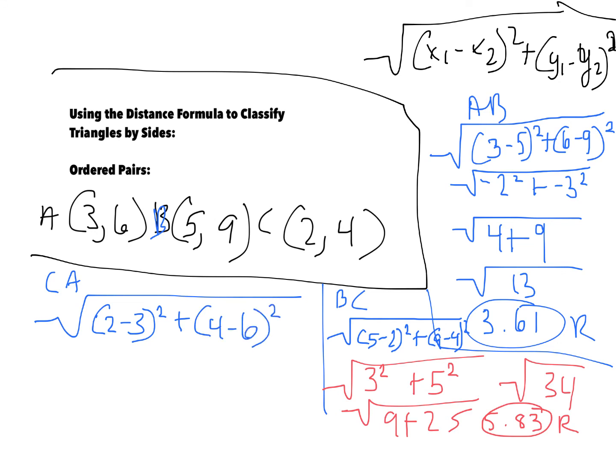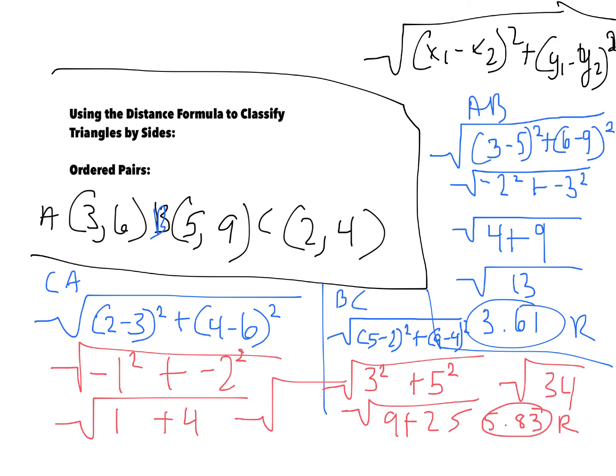That goes down to negative 1 squared, which is 1, plus 4 minus 6 is negative 2 squared, which is 4. So we need the square root of 5. We punch that into our calculator, and it'll come out with another messy number. It's going to be 2.24 rounded.